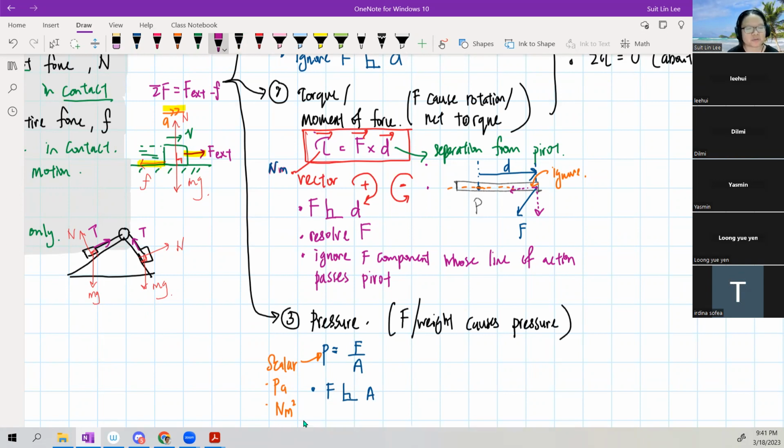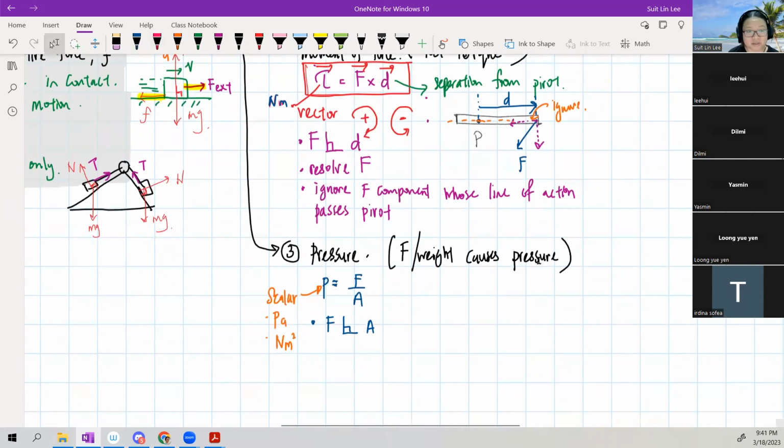We'll talk a little bit about this later. But basically, force or weight is the one that causes pressure. So number one, F is perpendicular to A. The classic example that you tend to see is maybe a cylinder like this. Then this is your surface area A. The weight of the cylinder is pressing down. This is 90 degrees.